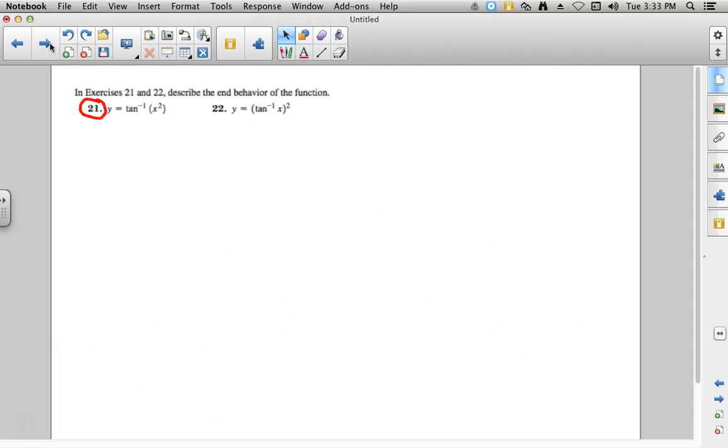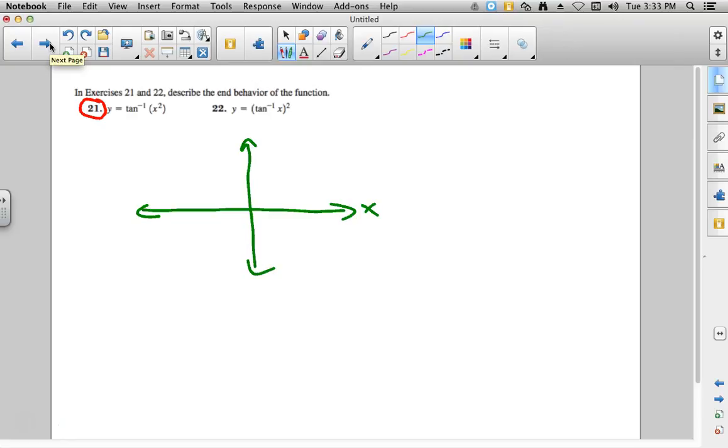Number 21 says, describe the end behavior of the function. My first thought was, if you went back to your notes and looked at how we graphed inverse tangent, you might have thought, is this going to work for x squared? Well, remember, we said for inverse tangent, no matter what x is, it doesn't matter that this is x squared.